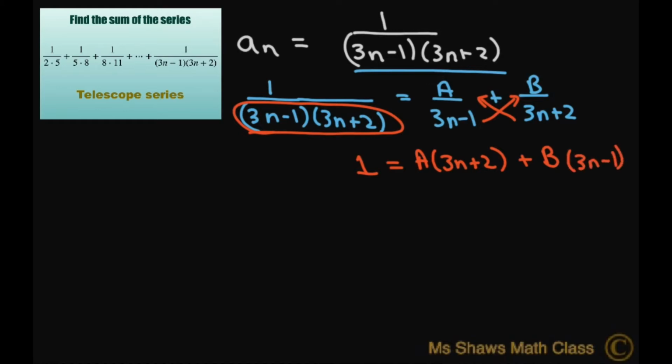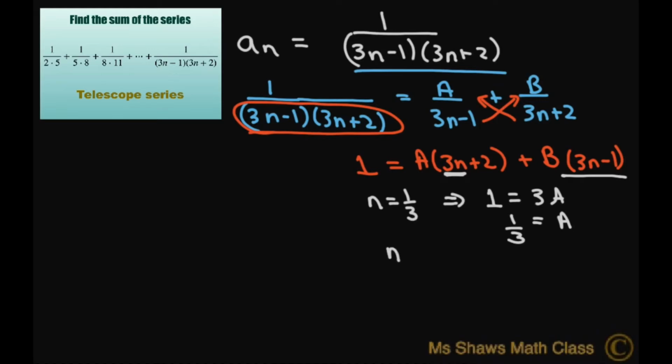So we're trying to solve for A and B, and I'm going to let n equal 1/3. That will zero this out, and when you substitute 1/3 in here, you get 1 equals 3A. Therefore, A is 1/3.